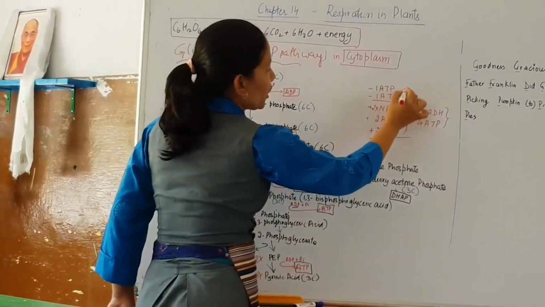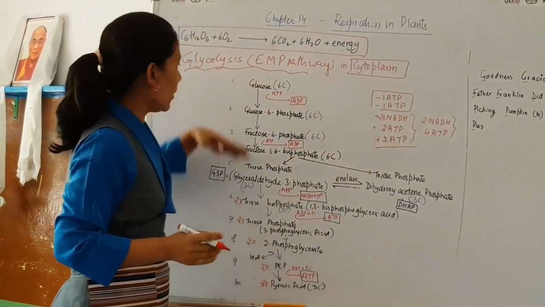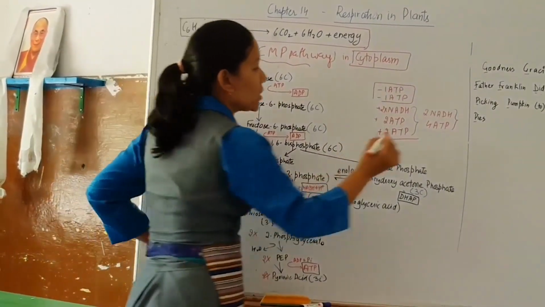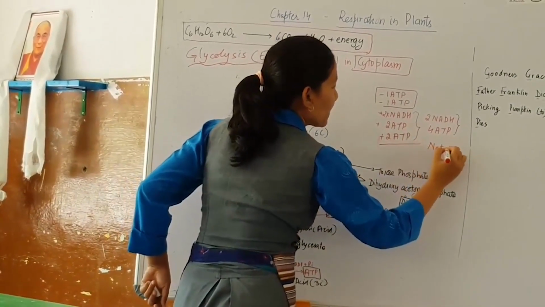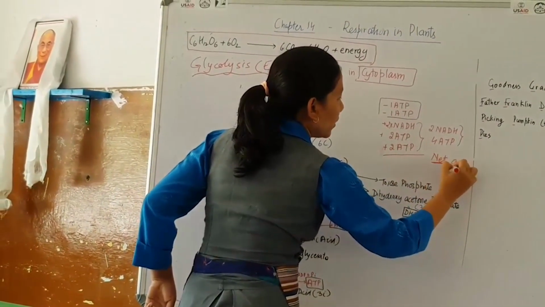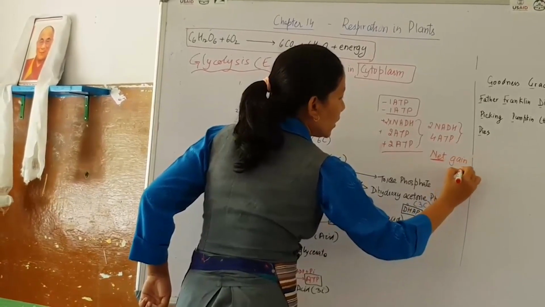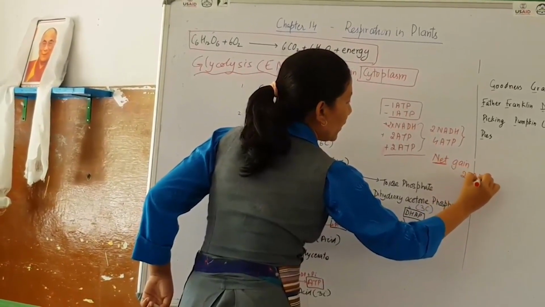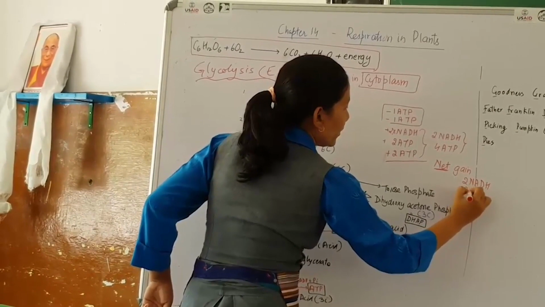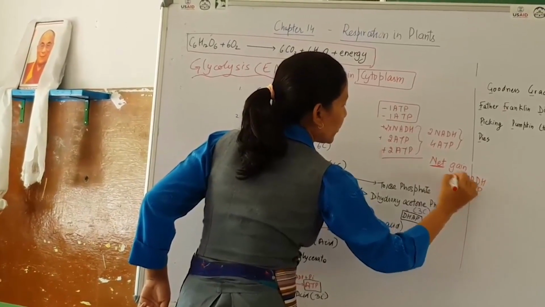But here 2 ATP are utilized in the earlier stages of glycolysis. So the net gain of energy is 2 NADH and 2 ATP.